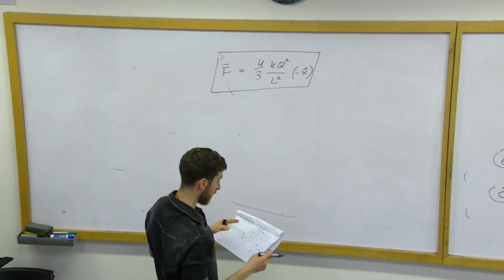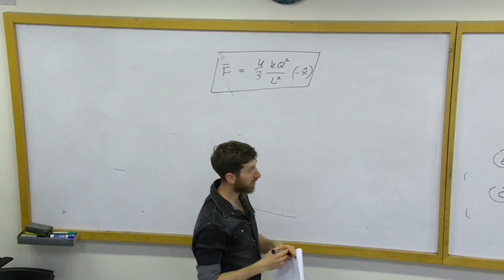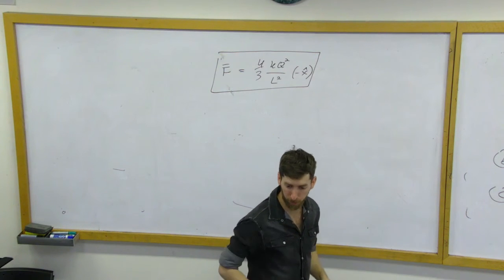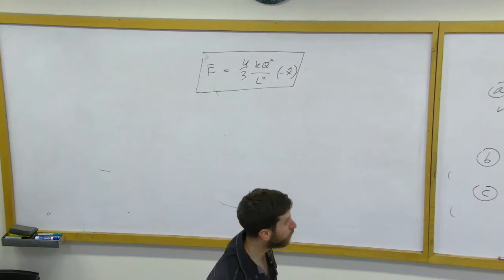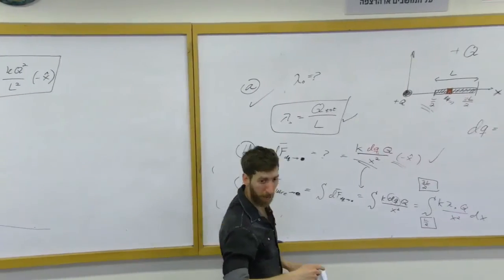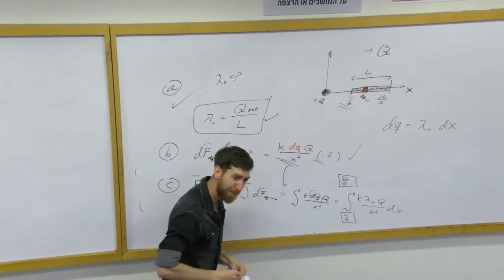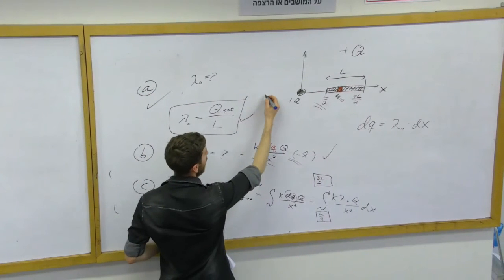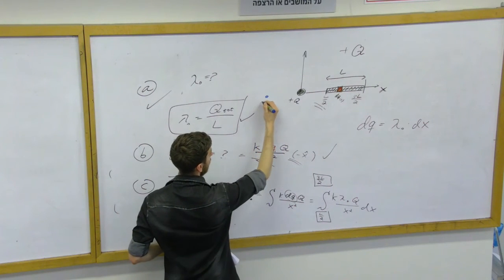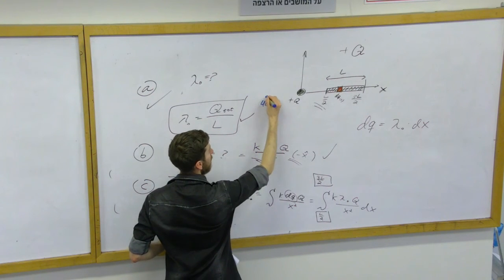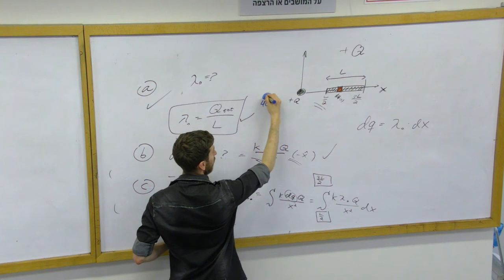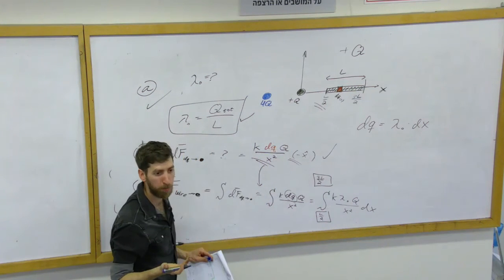Okay, perfect. Now I want to do something really nasty. Okay, go back to this board. I want to add another point charge, and it's going to be located here. And I'm going to give it a massive amount of charge. Okay, I drew it bigger, but it doesn't have to be bigger.